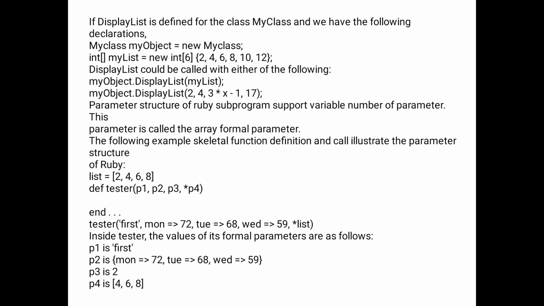Inside tester, the values of its formal parameters are as follows. P1 is first, p2 is Monday greater than or equal to 72, Tuesday greater than or equal to 68, Wednesday greater than or equal to 59. P3 is 2, p4 is 4, 6, 8.